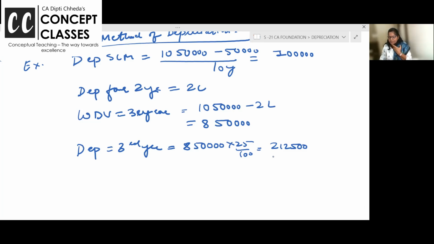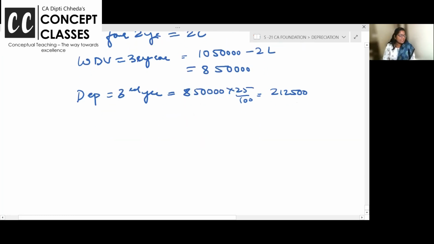Clear or not? This is a solved example. Whatever has happened until now is done. What is the value now? Now don't charge 1 lakh. Charge 2,12,500 as per 25%.